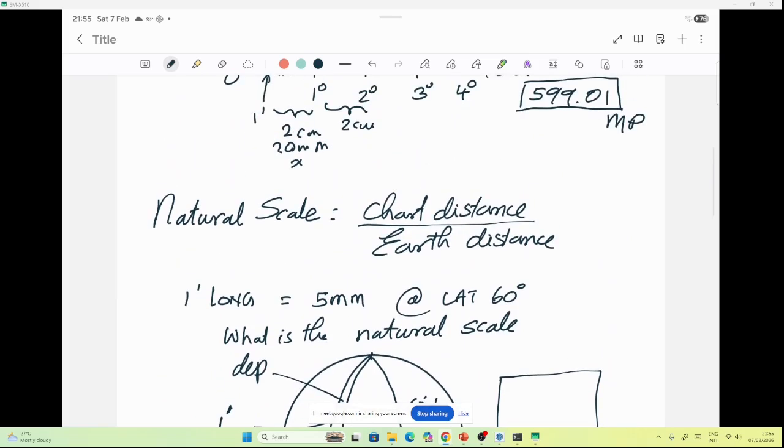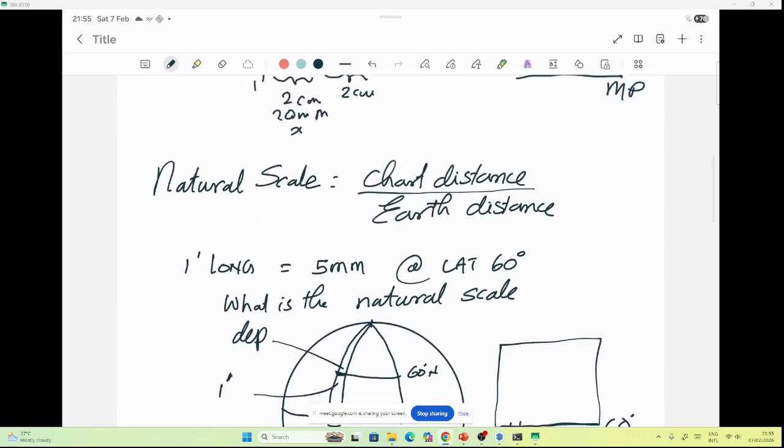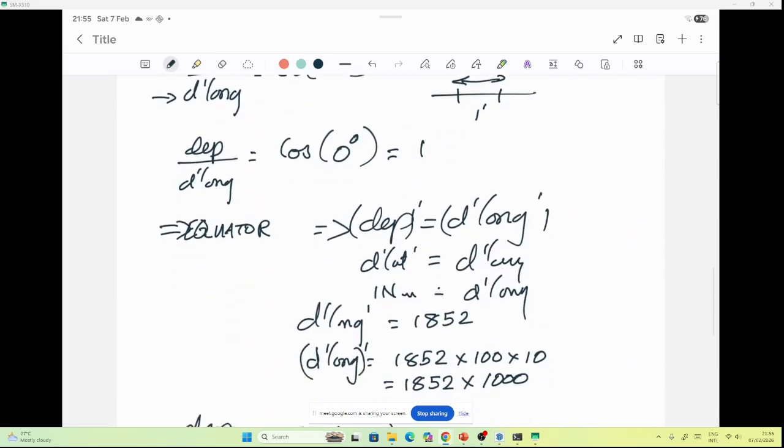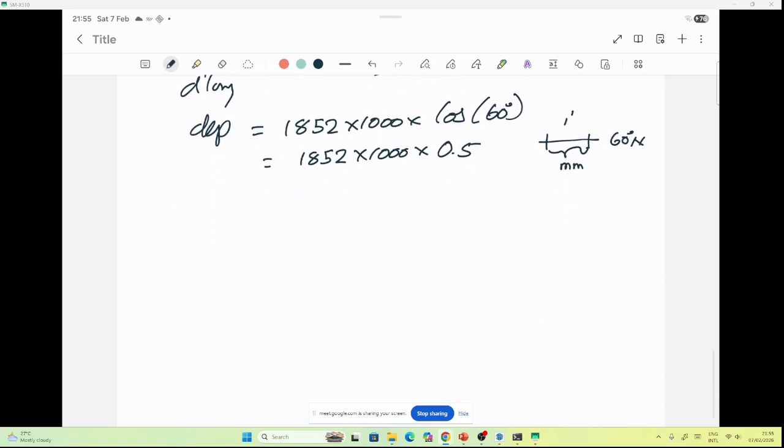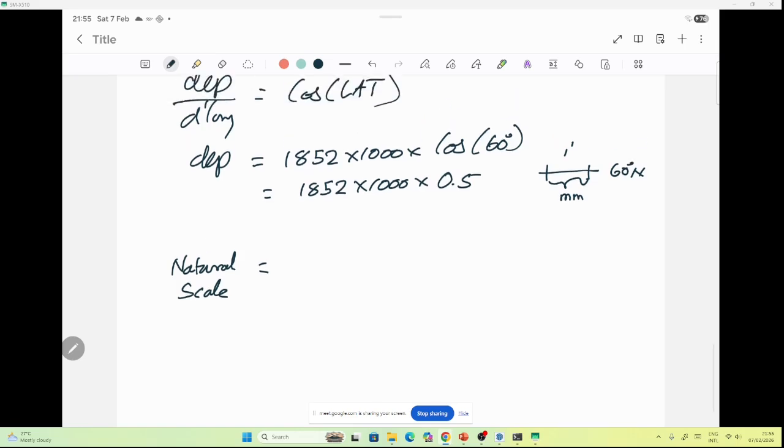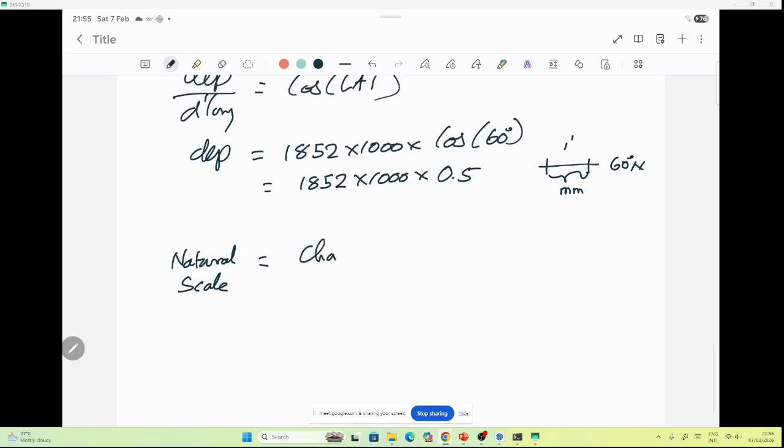Natural scale is equal to 1 minute chart distance divided by 1 minute Earth distance at 60 degrees. So that means natural scale is equal to chart distance divided by Earth distance.